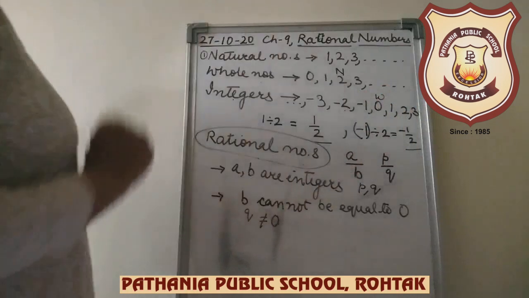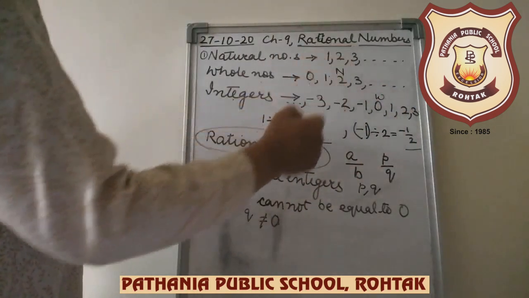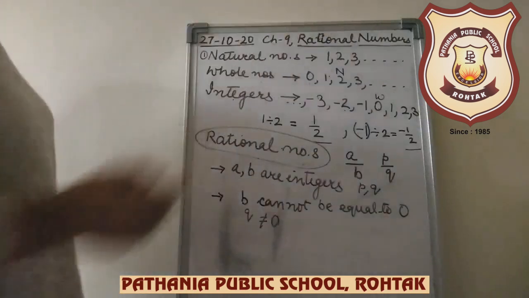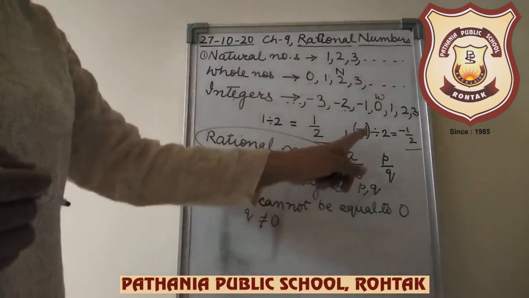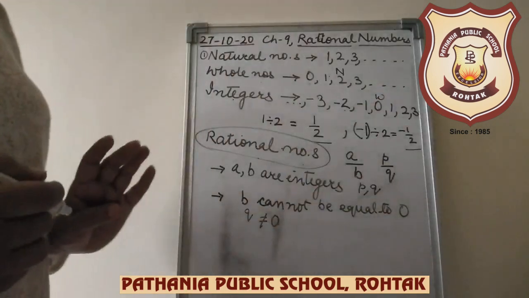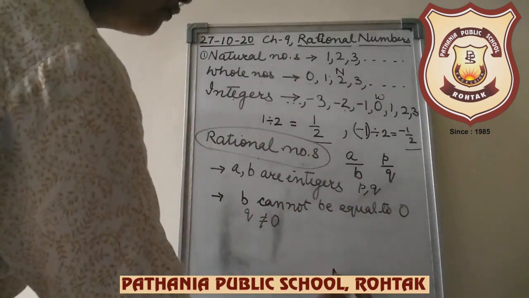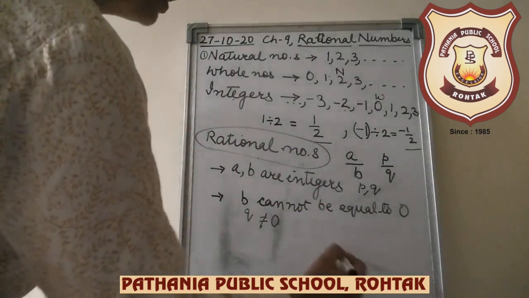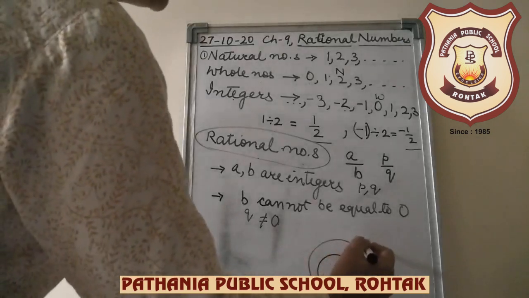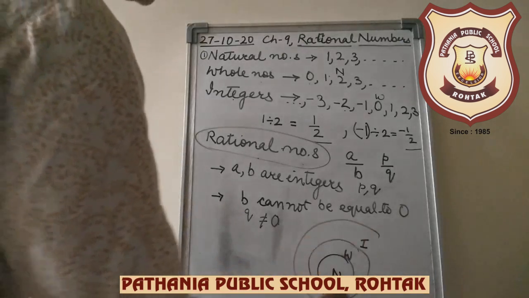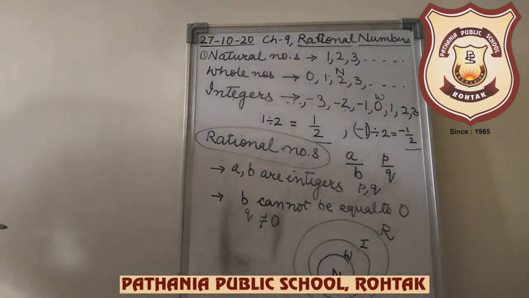Now, in the rational number bag, you will have all these three along with the fractions, positive and negative. So, the bag is becoming bigger. First bag was of natural numbers. Natural numbers were included in the whole numbers. Whole numbers were taken up by the integers, and now the integers are also included in the rational numbers.